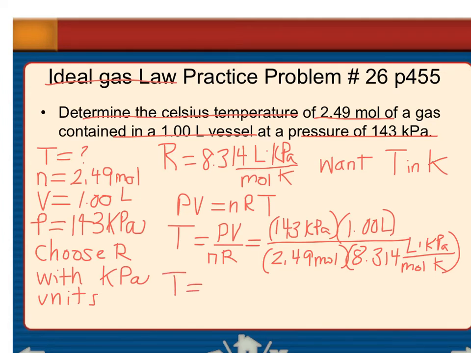T then is equal to 7.0 Kelvin, minus 273, which when converted back into Celsius is equal to minus 266.09 degrees Celsius.